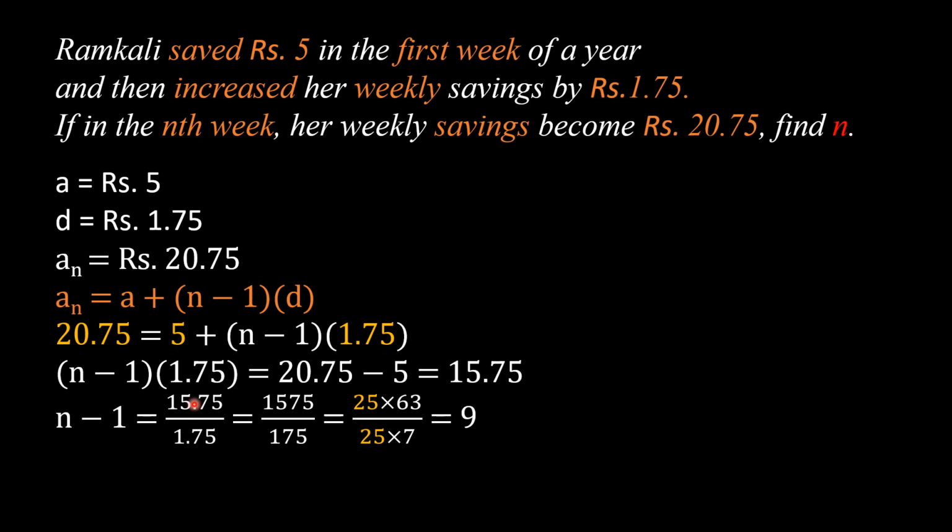We will write this ratio as 1575 divided by 175. 1575 becomes 25 multiplied by 63 and 175 becomes 25 multiplied by 7. This 25 will get cancelled with this 25 and 7 nines are 63. So we get n minus 1 equals 9. So the value of n will be 10. So this is about the nth term of an AP.